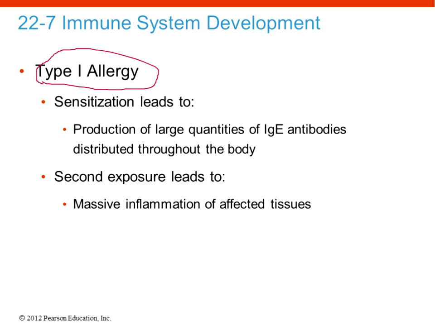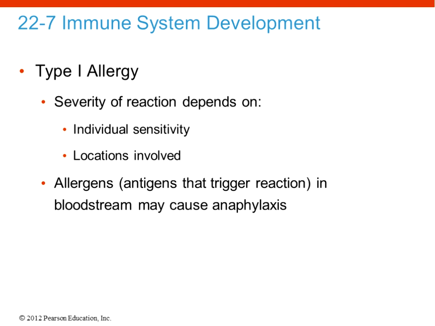The reason type 1 allergies can be so impactful, as we said before when we were talking about IgE antibodies, is that sensitization leads to production of large quantities of IgE antibodies distributed throughout the body. Then a second exposure leads to massive inflammation and release from these tissues, so you get a really strong sensitized response.